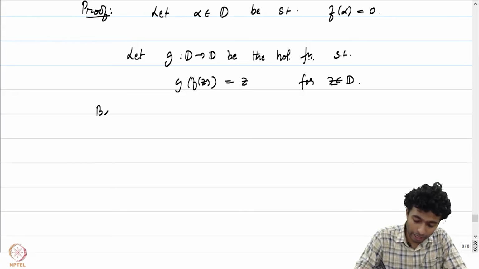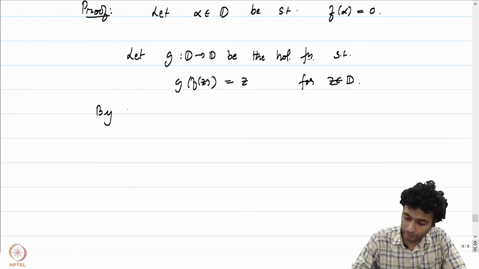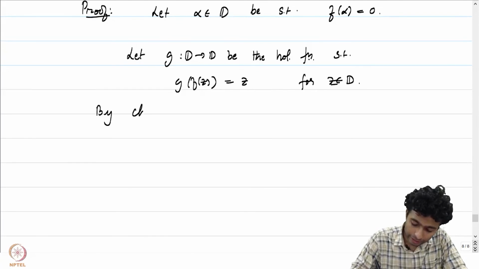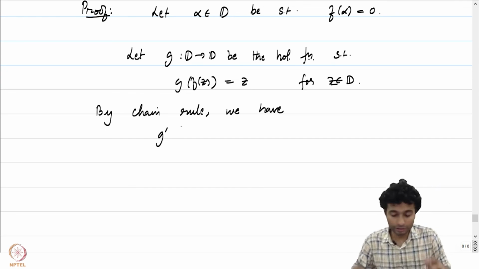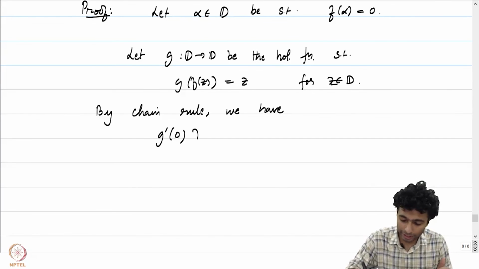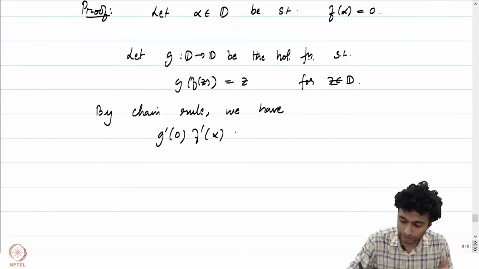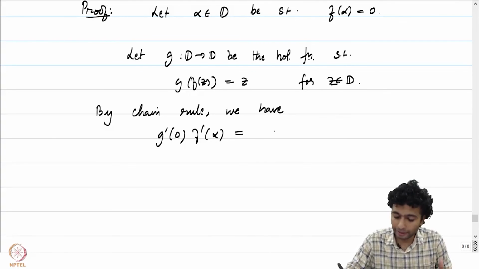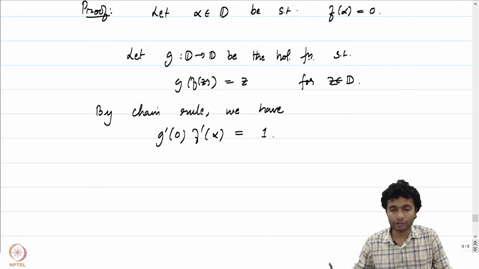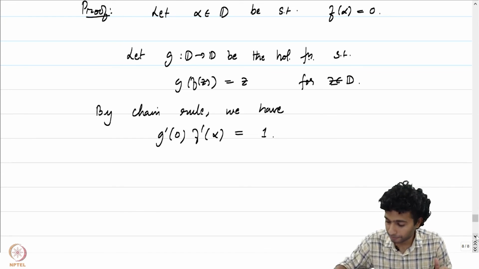By the chain rule, at the point α, we have g'(f(α)), which is g'(0), times f'(α). This is equal to the derivative of the identity at the point α. Doesn't matter because it's going to be the constant function 1. So this is precisely what we have.